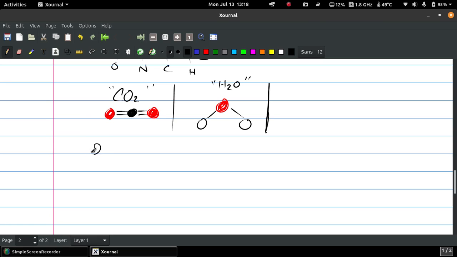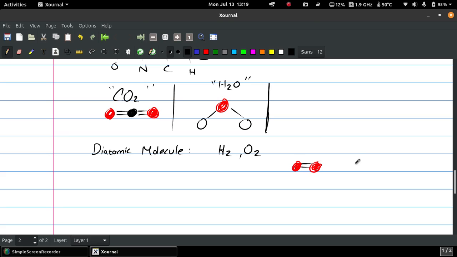So a diatomic molecule would simply have two of the same element joined together. An example of that would be H2, O2. I'm not going to go over all of them, but I'll just show you. So O, O, and then we have our lines in between.